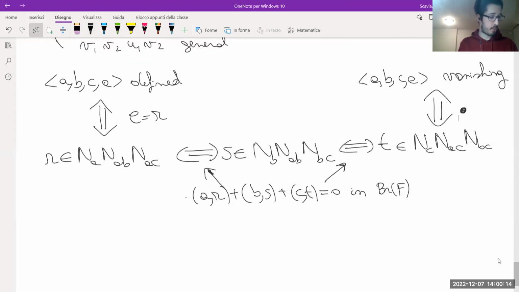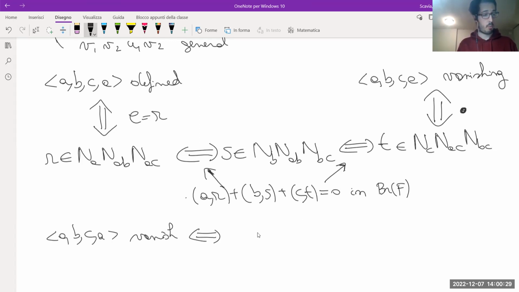Just one line. ABCA is vanishing. We have to use the GMT condition. We know that there are X and Y such that alpha X delta Y is 0 over FAD.